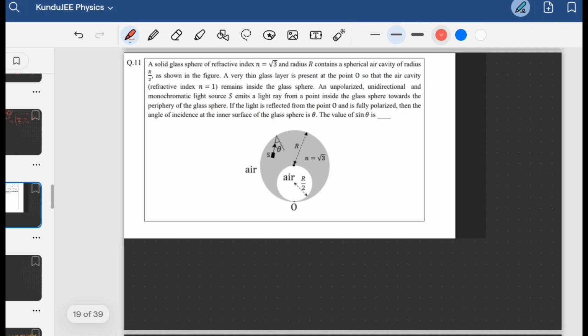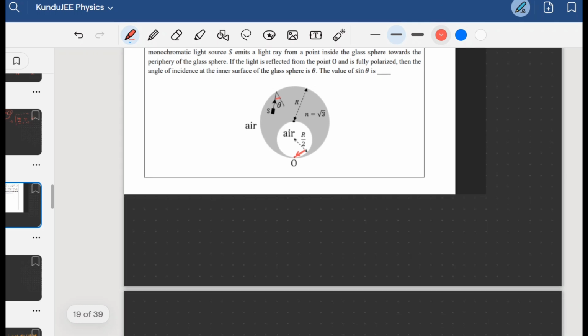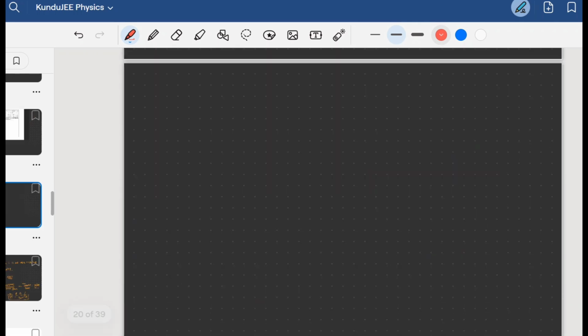An unpolarized unidirectional and monochromatic light source S emits a light ray from a point inside the glass sphere towards the periphery of the glass sphere. If the light is reflected from point O, final light will get reflected from here and it is fully polarized, then the angle of incidence at the inner surface of the glass sphere is theta, the value of sine theta. That means this angle we need to find out. So for that we need to draw in a big scale. We'll draw.